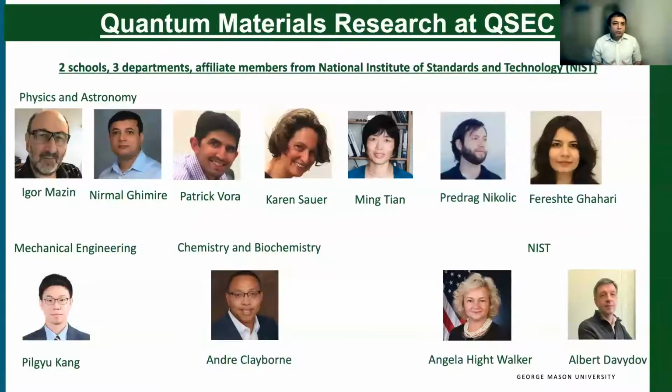Now, what we're doing here in the Quantum Science and Engineering Center is that this is a group of people across 2 different schools covering 3 different departments. We also have some affiliate members from the National Institute of Standards and Technology, NIST.